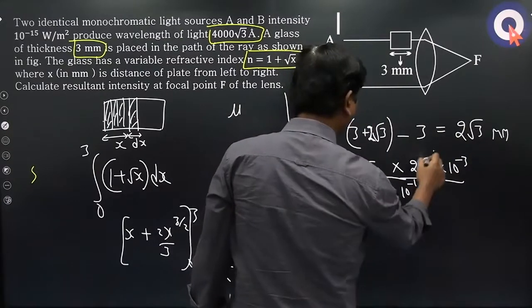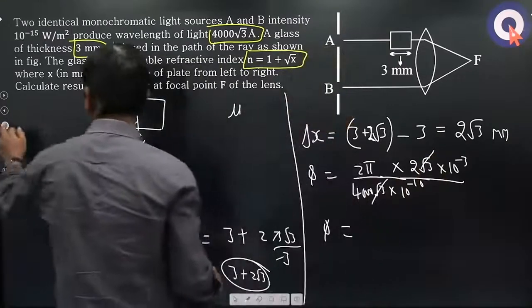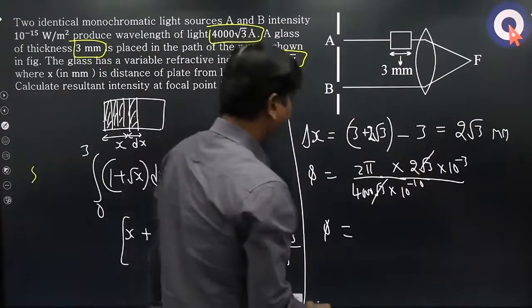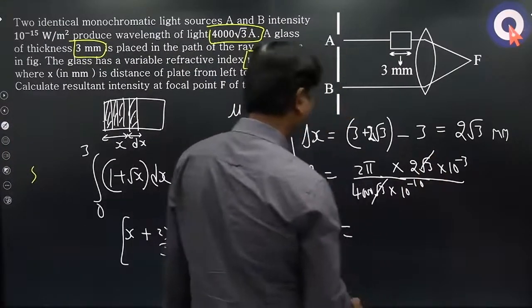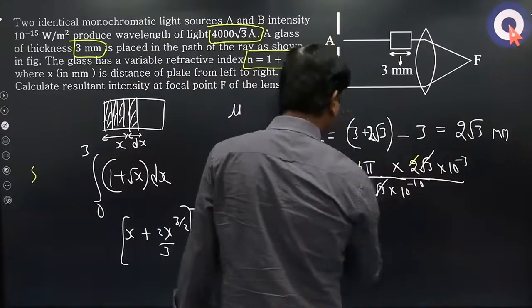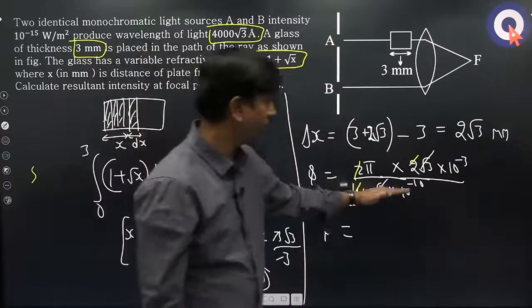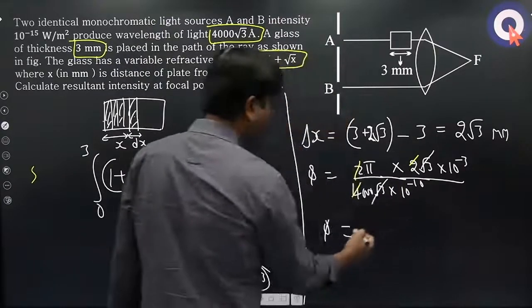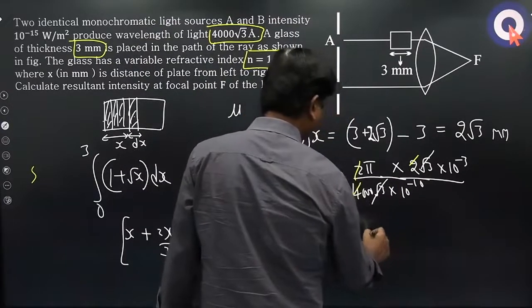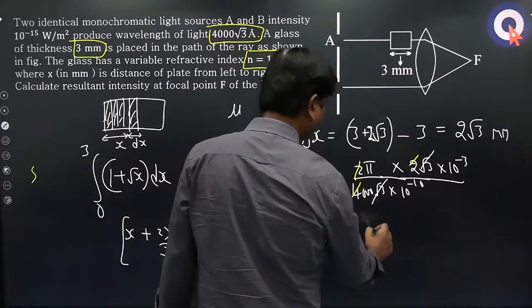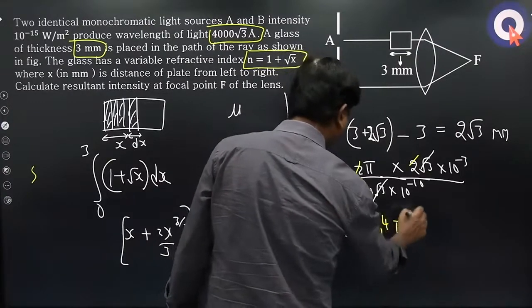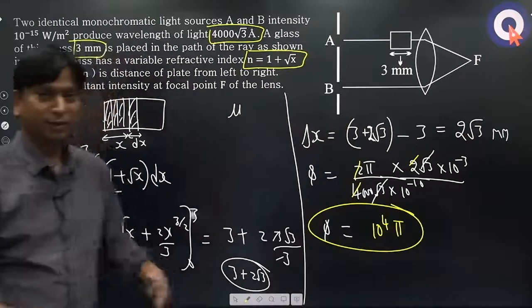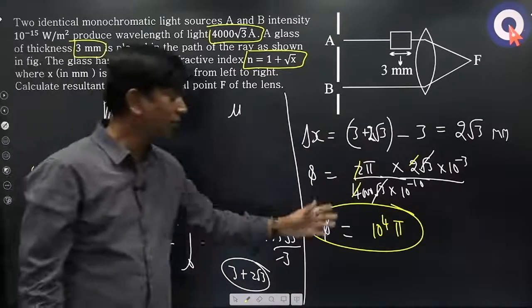Okay, root 3 cancels. Come on, calculations. 2 by 4, so 10 power minus 7 will go up to 10 power plus 7. So 7 minus 3, 10 power 4, into pi. Okay, phase difference. So much phase difference is what you are going to get.